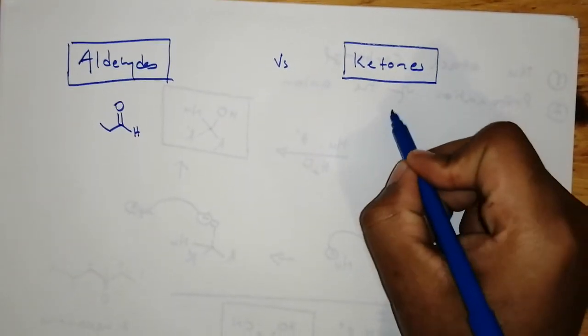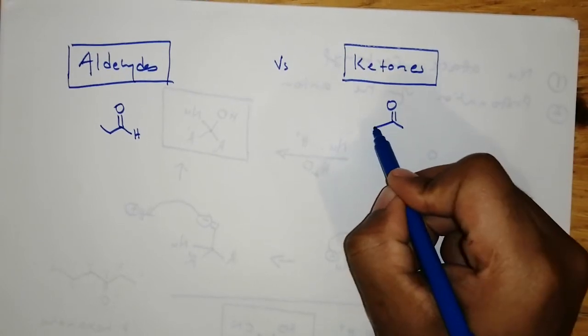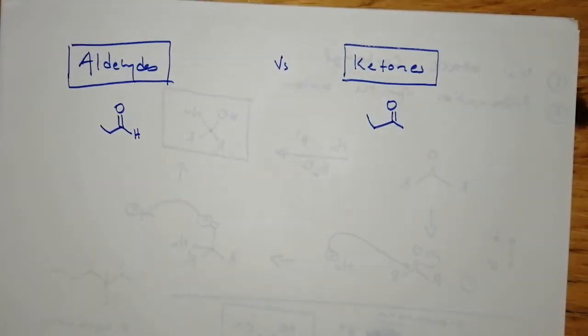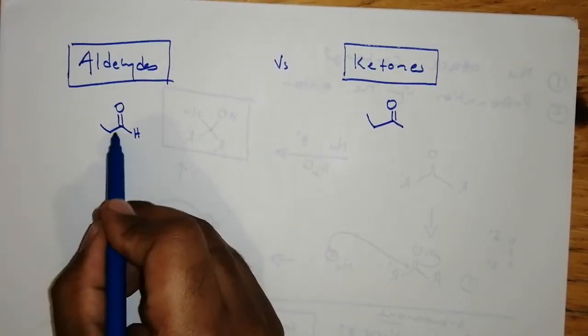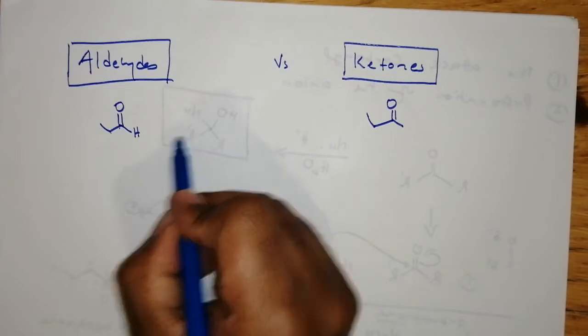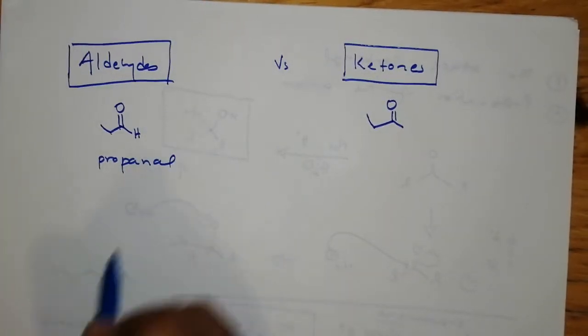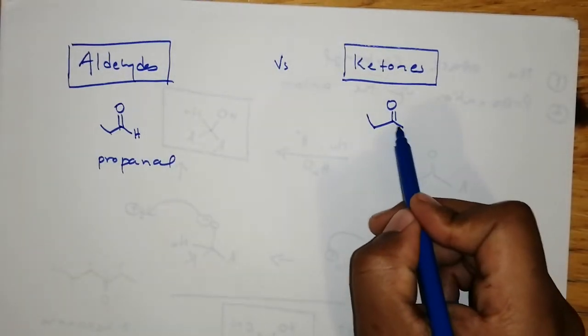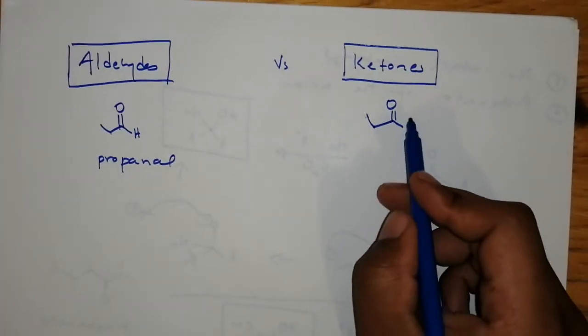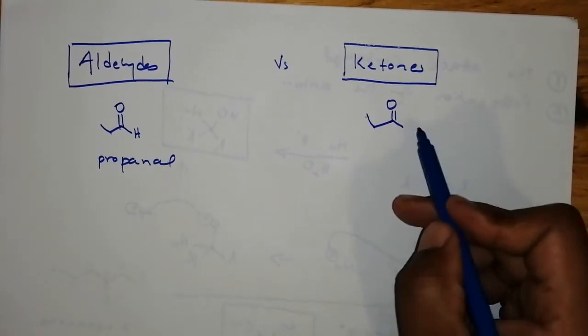And then a ketone, also they've got a carbonyl group. And then let's say we've got something like this. Then if I can name this, it is 1, 2, 3, so this is propanal. Then this one is 1, 2, 3, 4, but now the carbon that is closest to the carbonyl is this one.